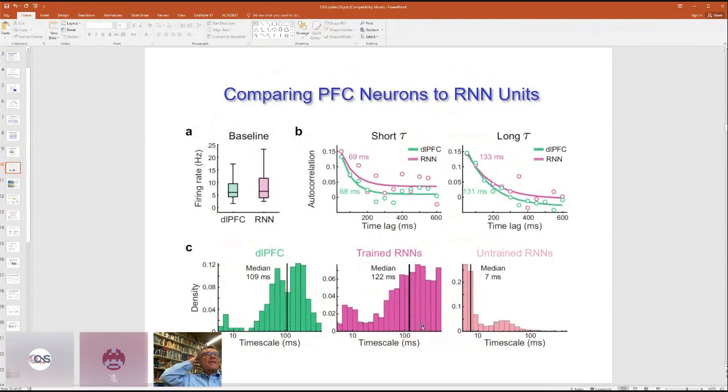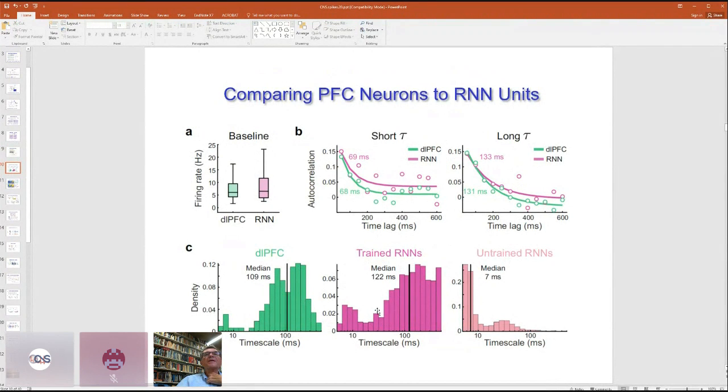So here's comparing now this analysis of the dorsolateral prefrontal cortex with the trained neural network. And you can see that they have a similar, in terms of the time constants, similar distribution compared to the untrained network, which has a very low time constant for autocorrelation.